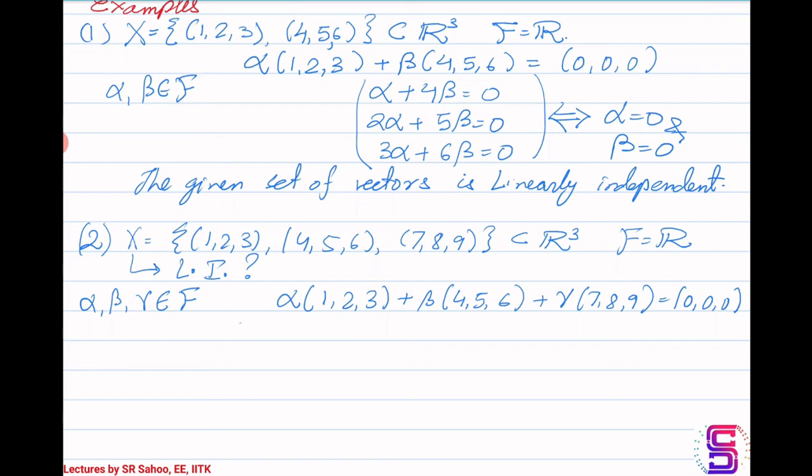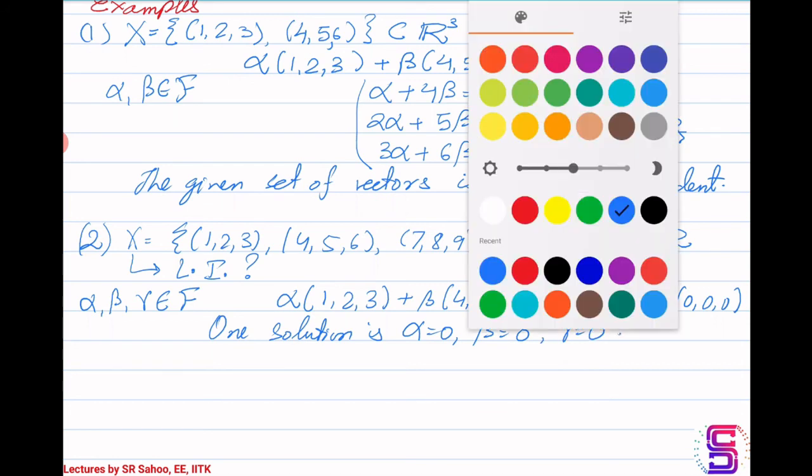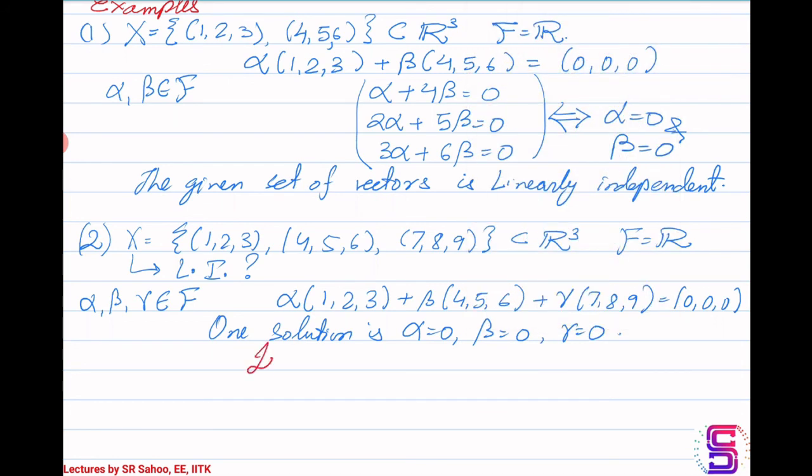Of course, one solution is, you set this to be 0. The question is, is this the only solution? And the answer is no.